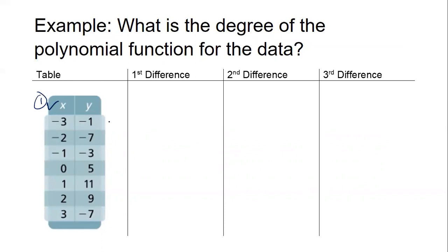So from -1 to -7, what did I do? How did I go from there to there? From -1 to -7? I subtracted 6.